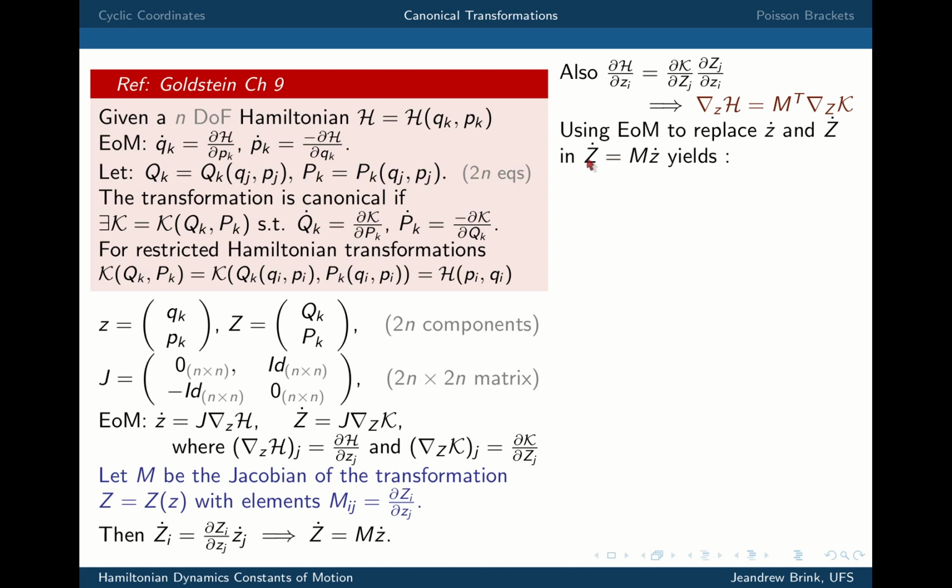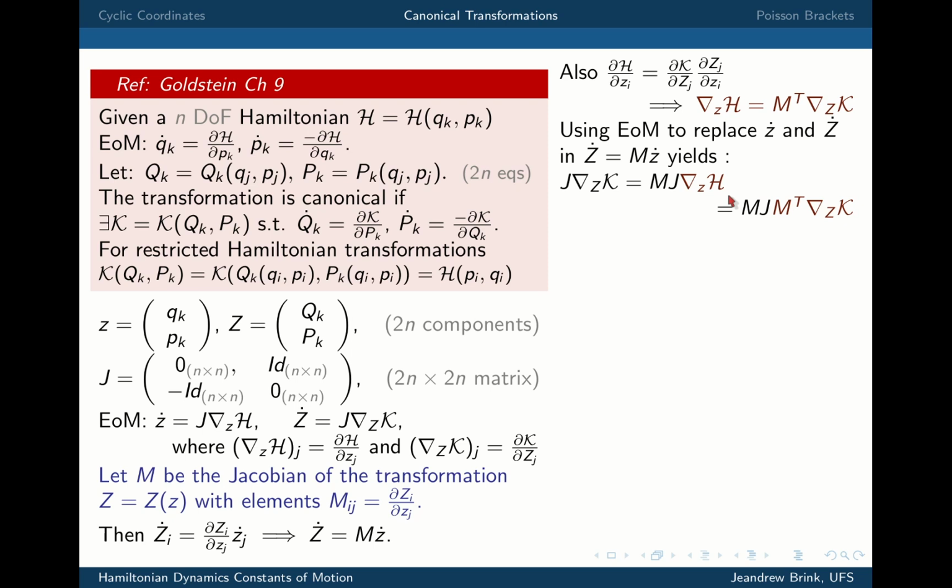And so we're simply going to replace Z dot with J times the gradient with respect to big Z of K, and little z dot with J times the gradient with respect to little z of H. And so what we then get is this expression. We can go further and replace this gradient with respect to little z of H with the way it transforms in terms of K.